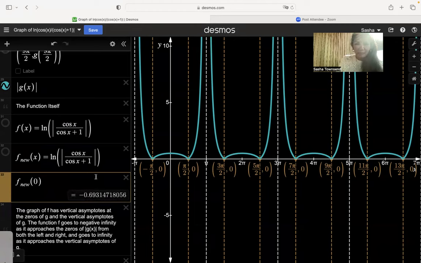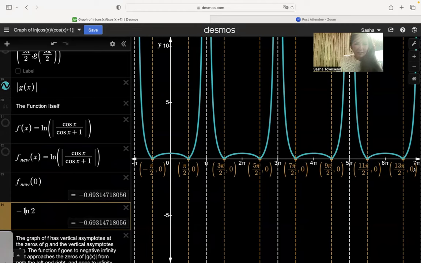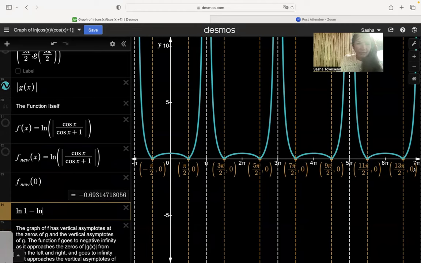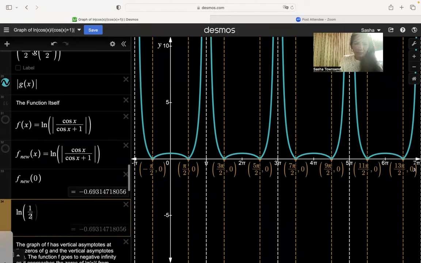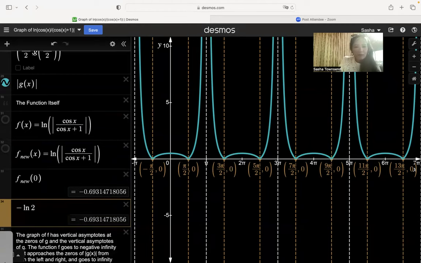So I get that negative 0.69. I claim that negative natural log of 2 is the same as that, which is the same as natural log of 1 minus natural log of 2, which is the same as natural log of 1/2. See, they're all the same value. I prefer the simplified form, negative natural log of 2. So that is our function value there.